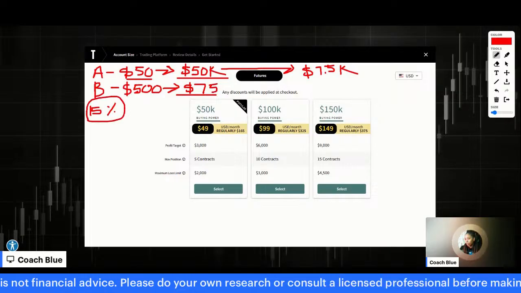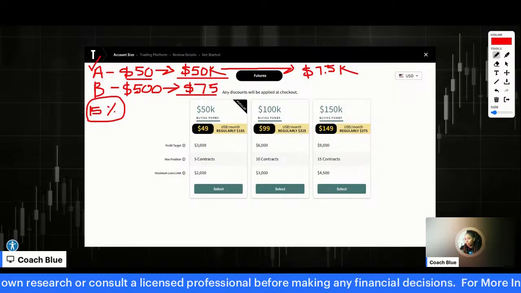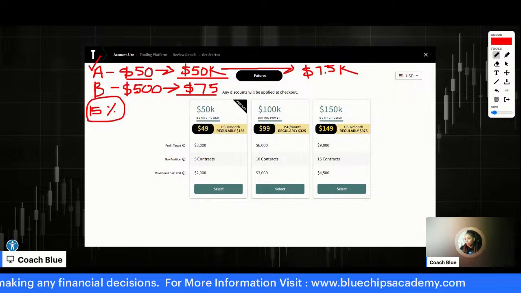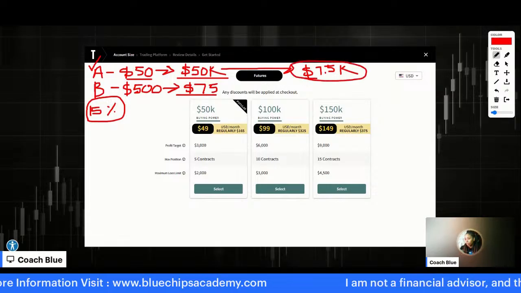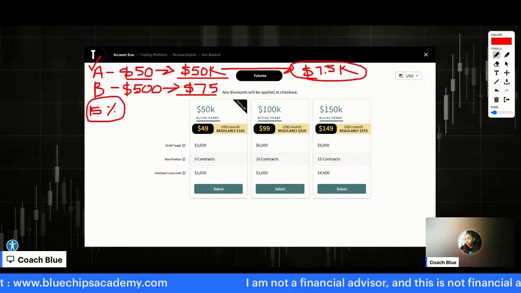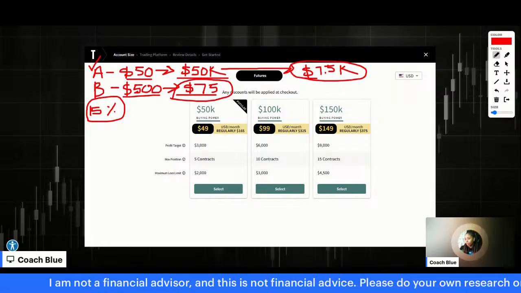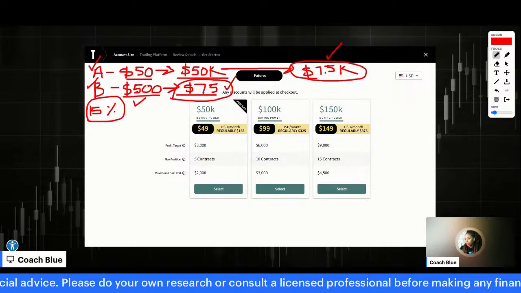Same 15%, same trade, but the difference is Trader A decided to leverage the opportunities and resources that were presented. So Trader A put up 50 to potentially make 7.5K. Trader B put up 500 to potentially make 75.